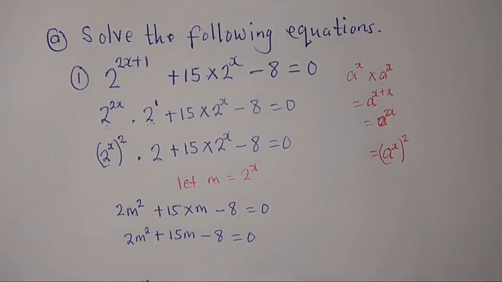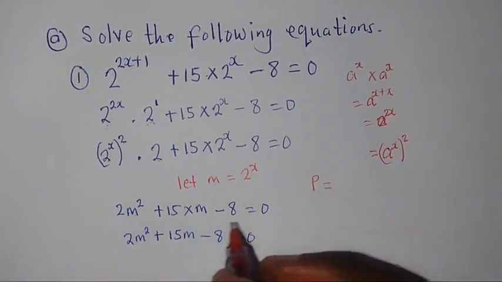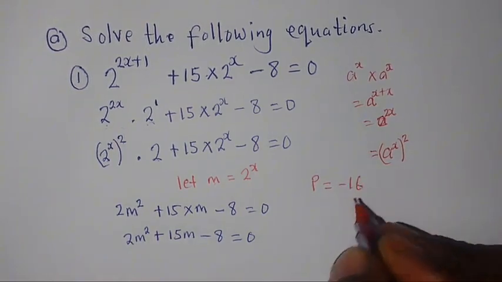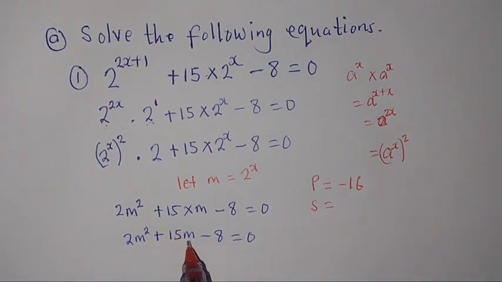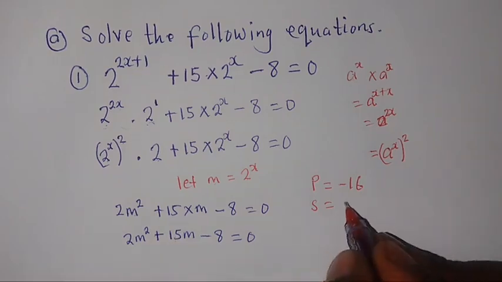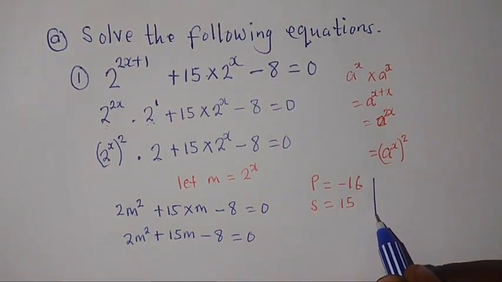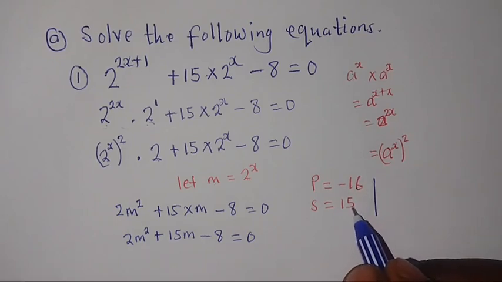So from here now, you can see that we've got a quadratic equation. You can solve this quadratically, where you come up with the product. The product will be 2 times negative 8, which gives us negative 16. Then the sum is the coefficient of m, which is a positive 15. So we need two numbers that multiply to get negative 16 and add to get 15.